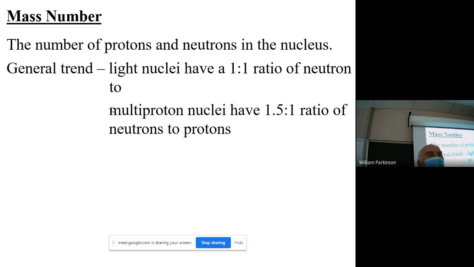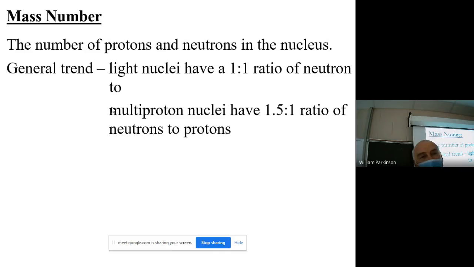So what does that mean? Helium is element 2. It has 2 protons. That's what the 2 means. It has a ratio of 1-to-1 in protons and neutrons. So guess what? Heliums have 2 neutrons as well as 2 protons.